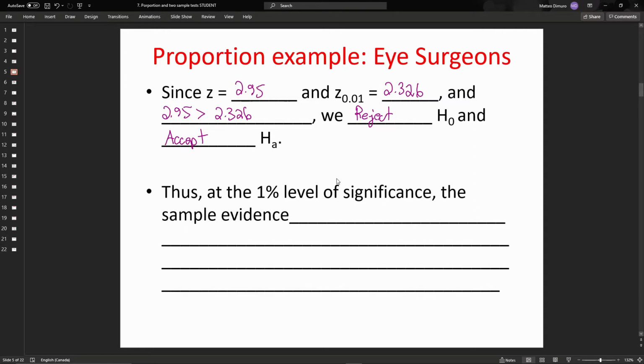So at the 1% level of significance, the sample evidence, am I really going to type this out? I'm going to try.